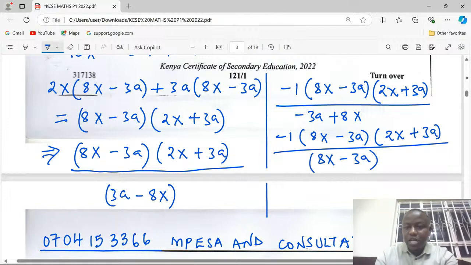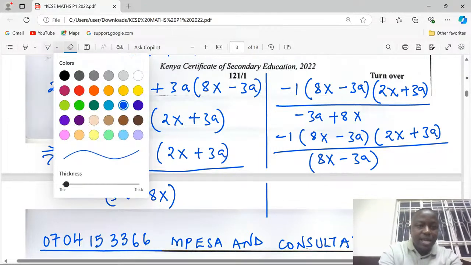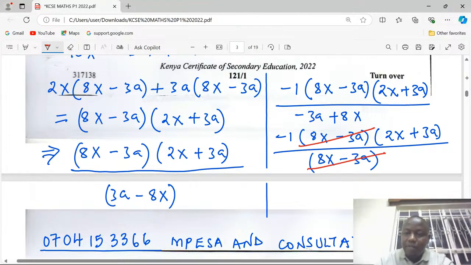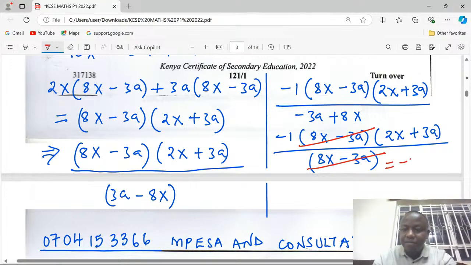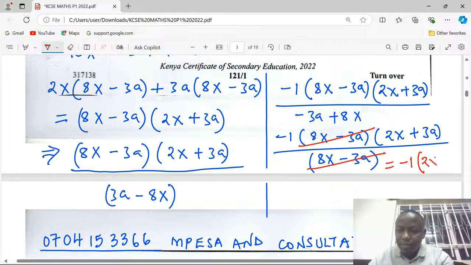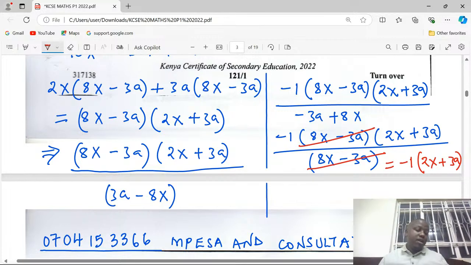And at this point now we can see that there are common factors. 8x minus 3a, 8x minus 3a, so that the simplified is -1 into 2x plus 3a. So that is the final answer, the most simplified. So that is how we are supposed to do such a problem.